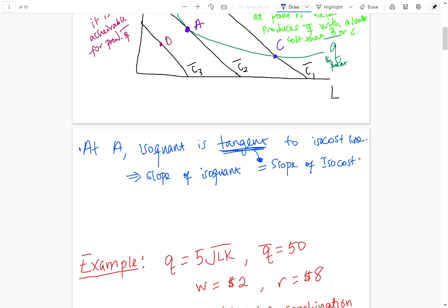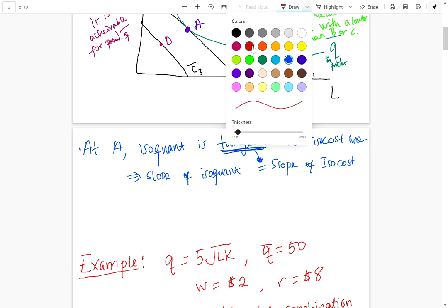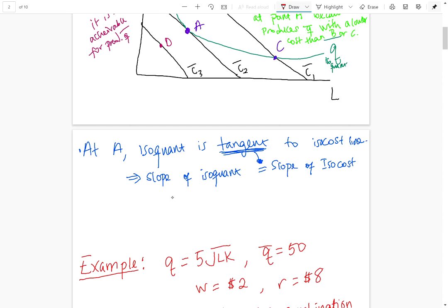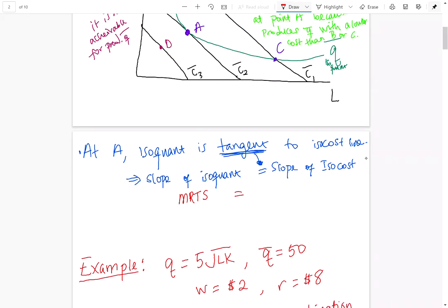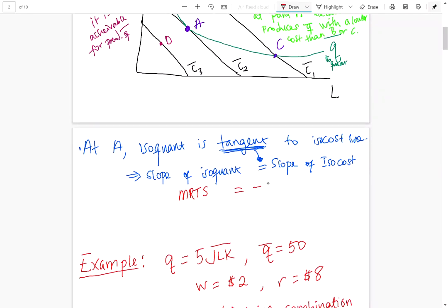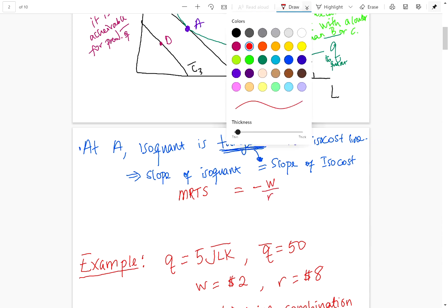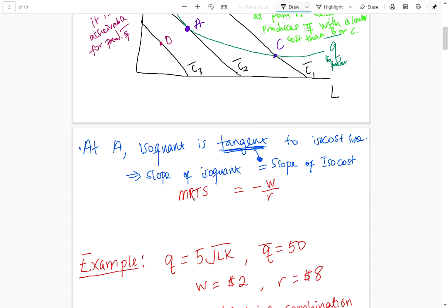If we were writing this out, we would say, remember, slope of isoquant is MRTS, marginal rate of technical substitution, where we have technical efficiency on the isoquant. That is equal to the slope of the isocost, which we derived earlier in an earlier video, which is negative W over R. Now, recall that MRTS is negative marginal product of labor over marginal product of capital.